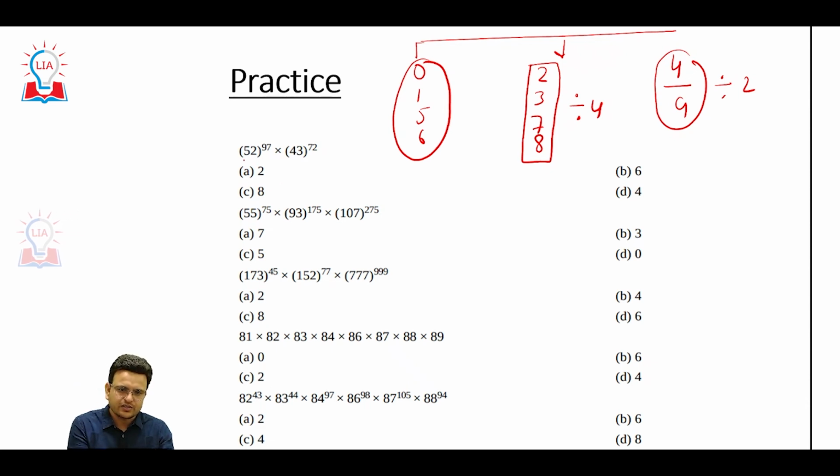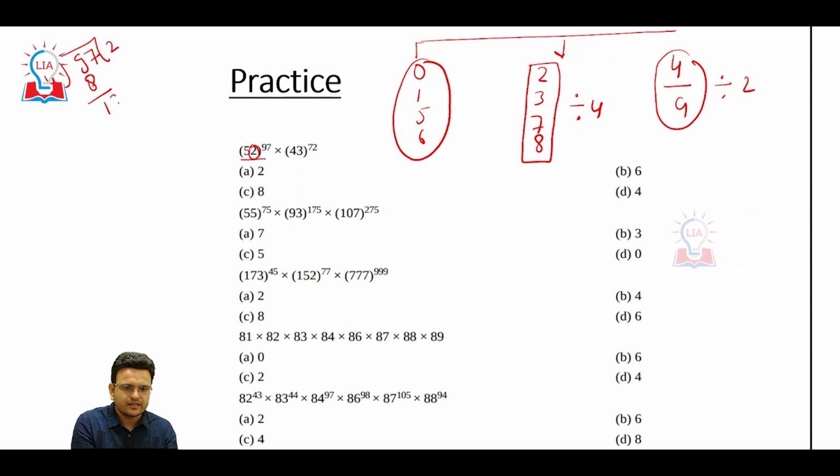One question I can solve: here the number is ending with 2, so we should divide the power by 4. When we divide by 4, we have remainder 1. To the 1 we have 2, so unit place will be 2.